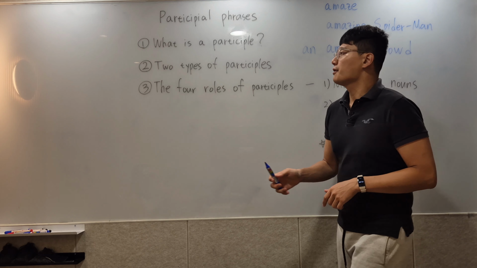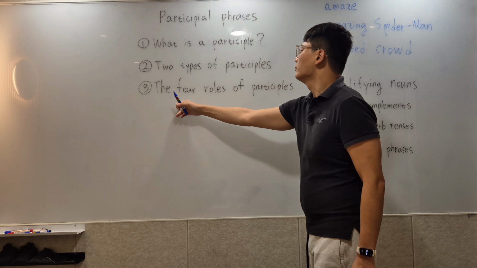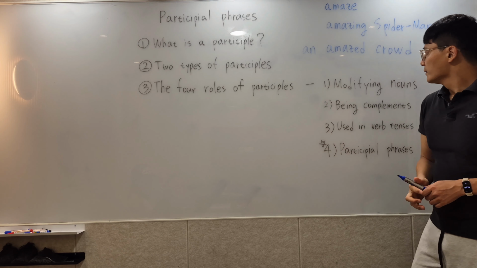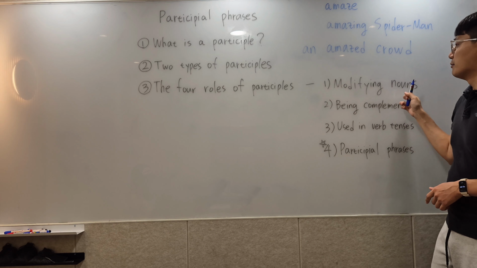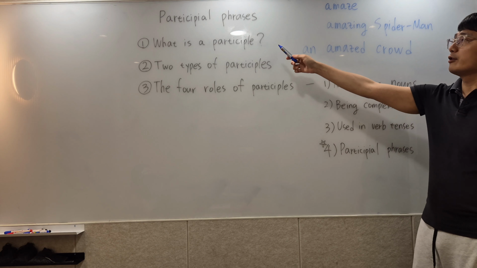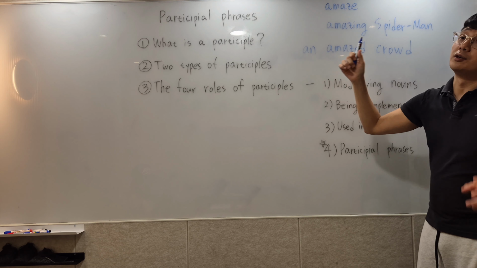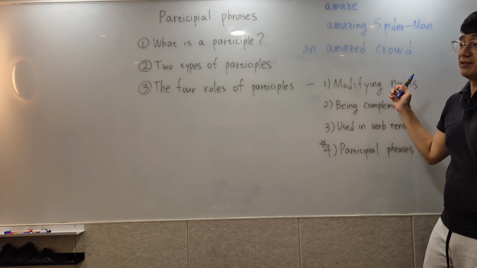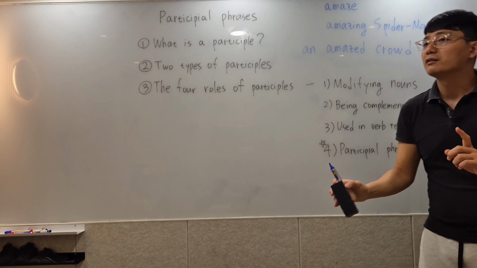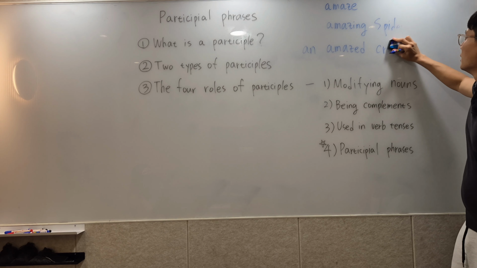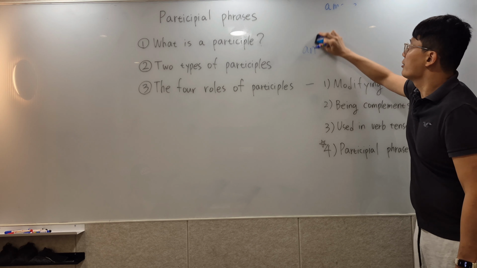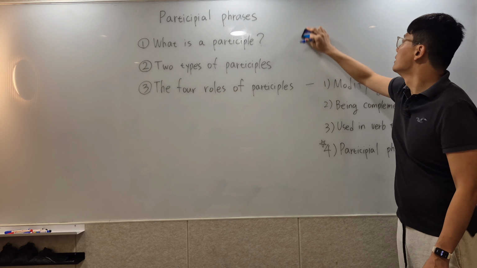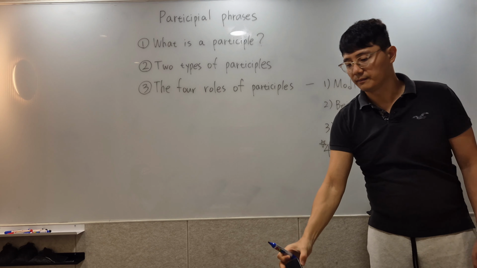So, and the third point here, the four roles of participles. First one is modifying nouns. What is a participle? It is an adjective in terms of parts of speech, right? So it surely modifies or describes nouns. But there is one slight difference about participles used as adjectives, okay?